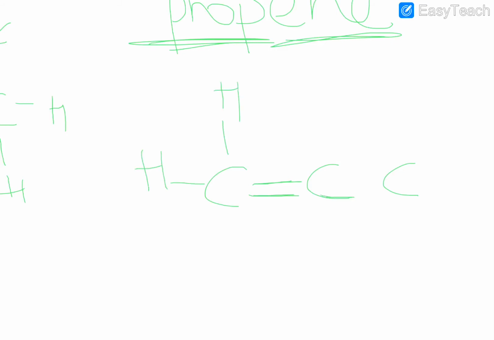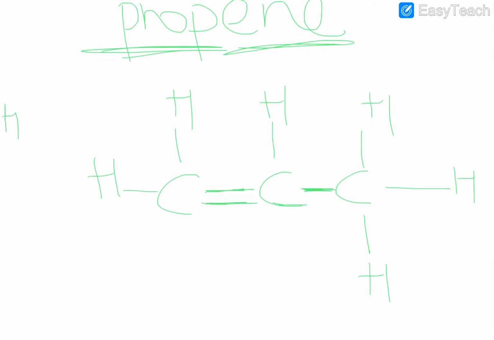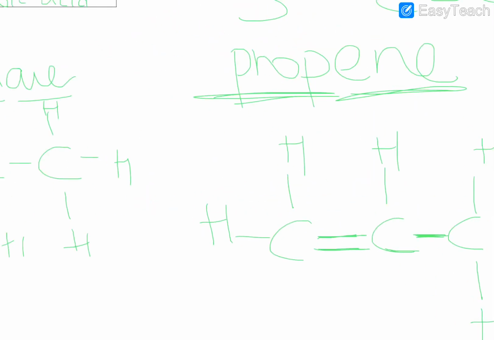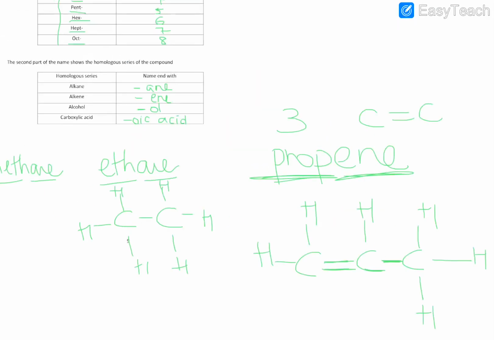For this one, 1, 2, 3, and 4. And the last one, 1, 2, 3, and 4. I'm just going to complete the structure using hydrogen atoms. So this is how the names give us ideas about what's in that molecule, what it consists of.